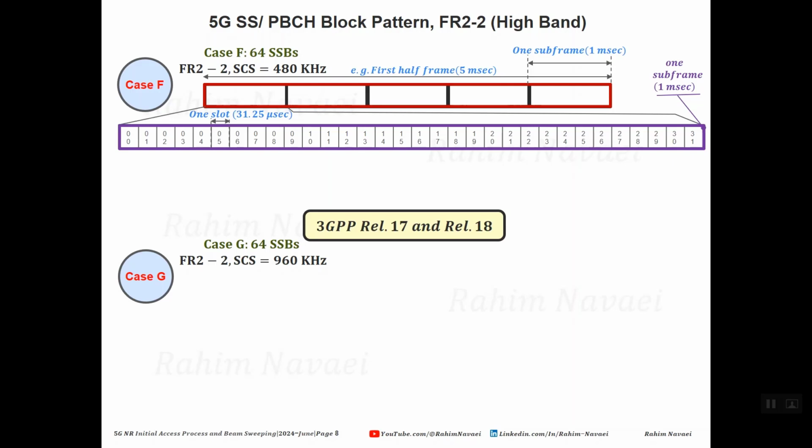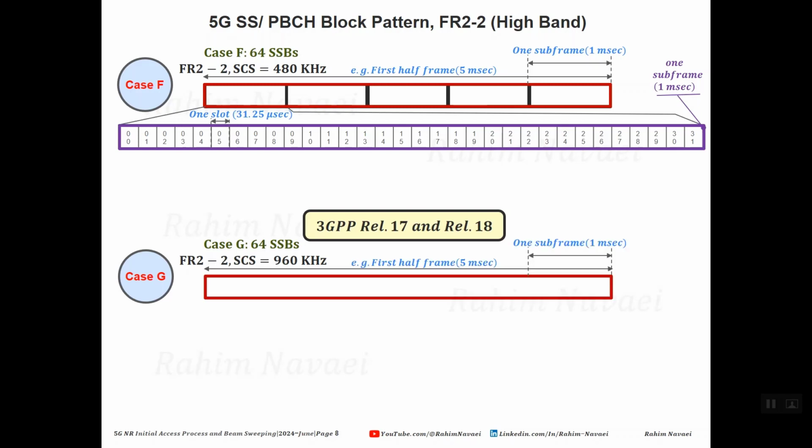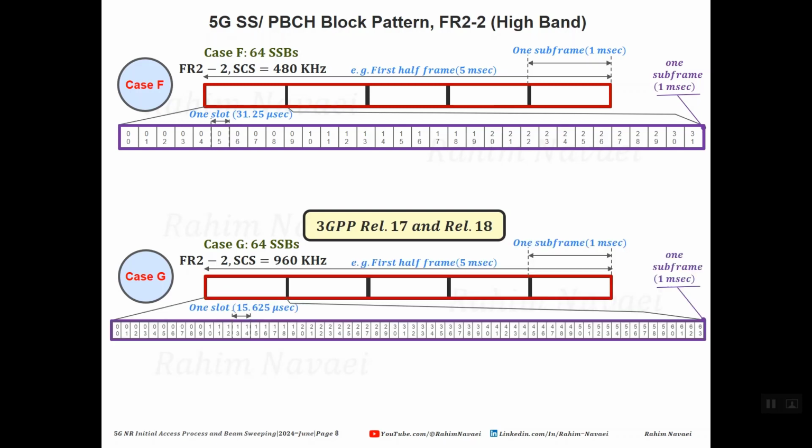For pattern G, with an SCS of 960 kHz, the slot duration is 15.625 microseconds, leading to 64 slots within a subframe. Here, we'll see the position of 64 SSBs in pattern F and pattern G.